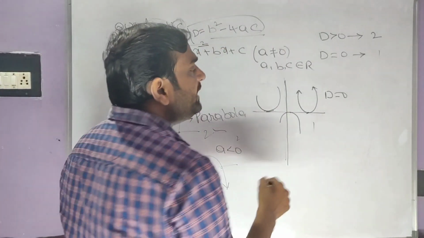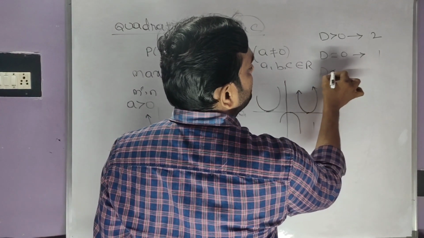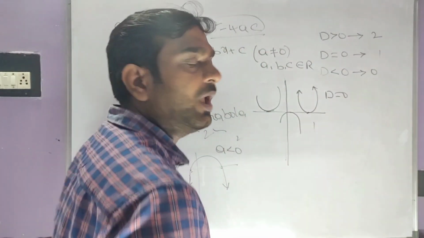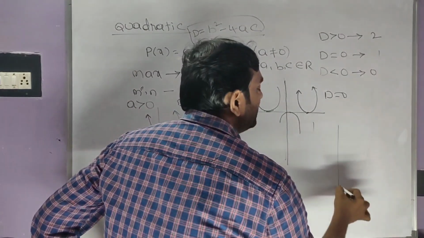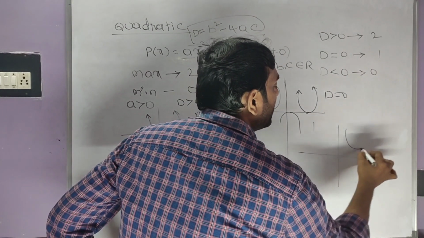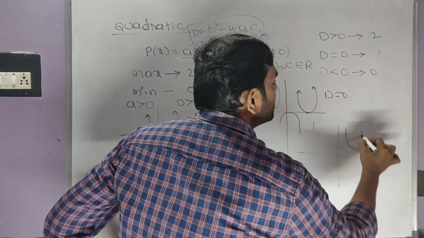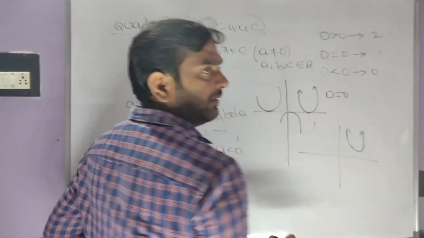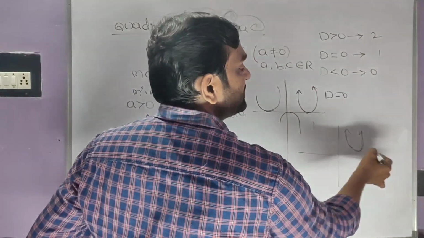If D is less than 0, then the number of zeros is 0. How? D less than 0 means the parabola neither intersects nor touches the x-axis, so the number of zeros is 0.